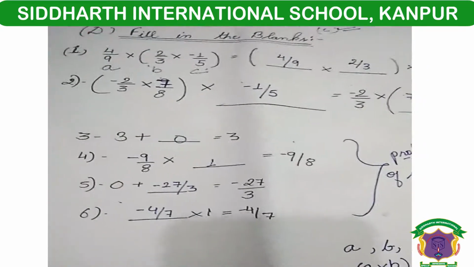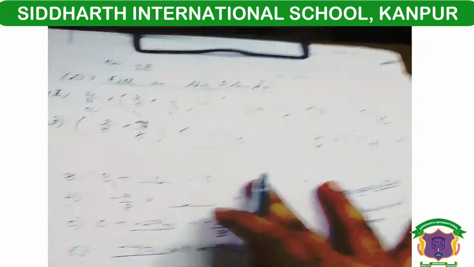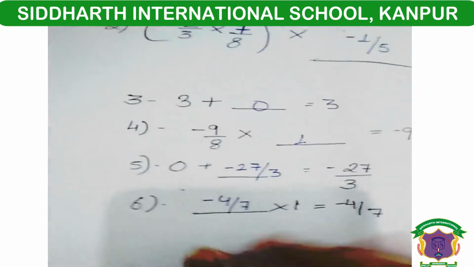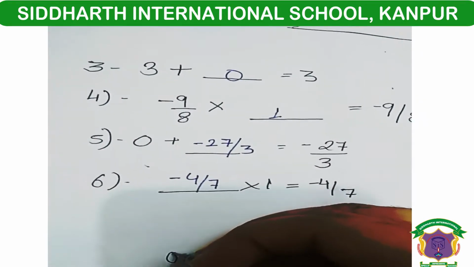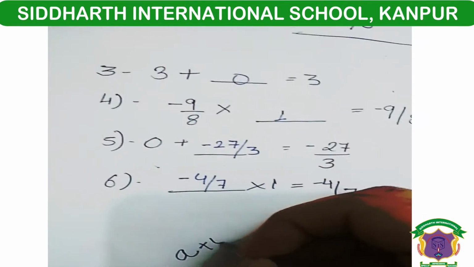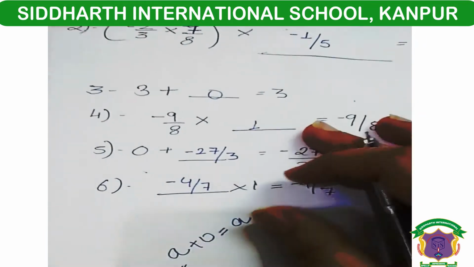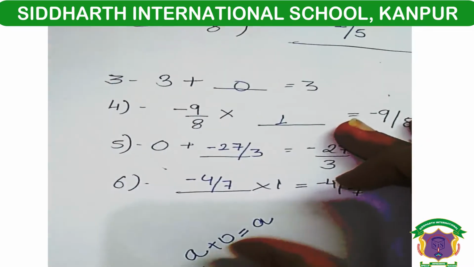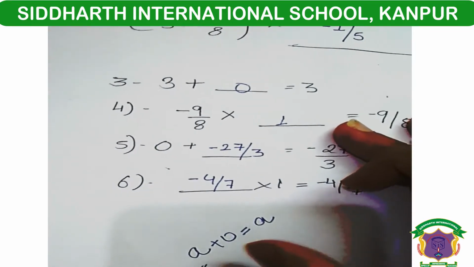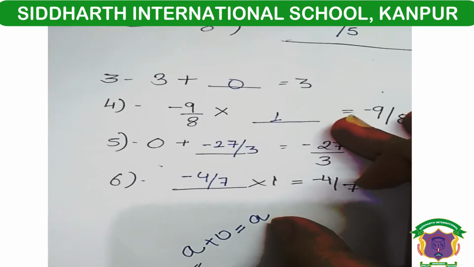Okay children? So first we'll begin with 0. We learnt about 0 that when we add any number to 0, its value remains unchanged. Did we learn this thing children? Right? When we add any number to 0, its value remains unchanged.